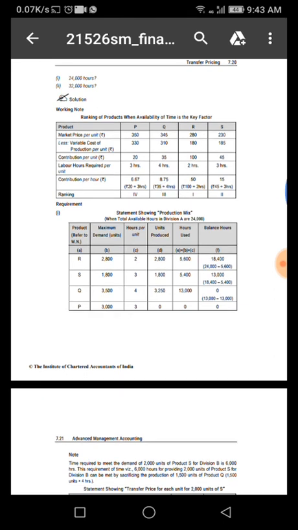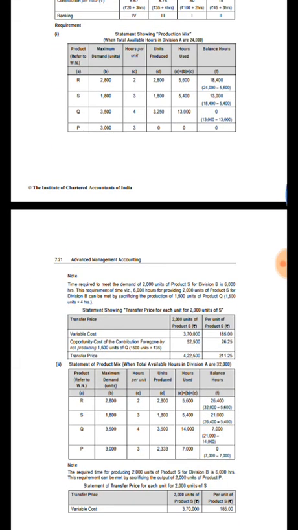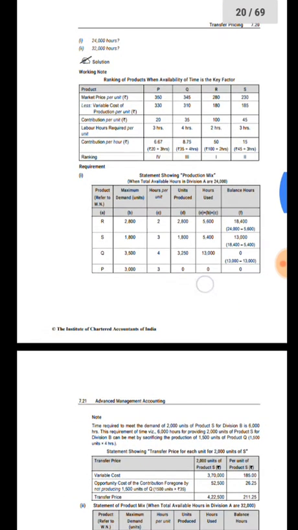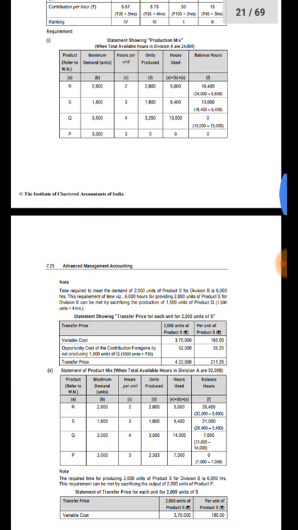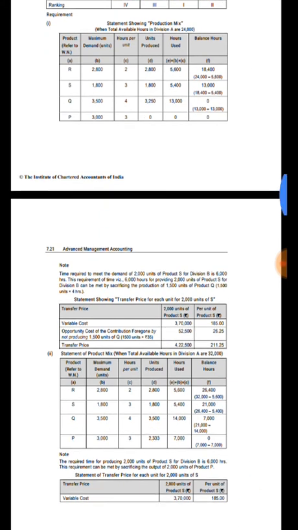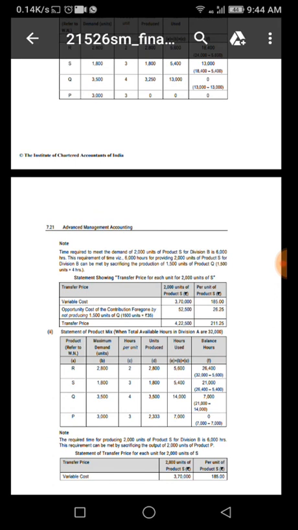So 6,000 hours into 8.75 divided by 2,000 units, you will get 26.25. Or what they have done for 1,500 units: if you're taking 6,000 hours or 1,500 units, same thing. So 1,500 units into 35, because this is contribution per unit. If you are taking units, you have to multiply with contribution per unit. So 52,500 divided by 2,000, you will get 26.25. Total is the transfer price.